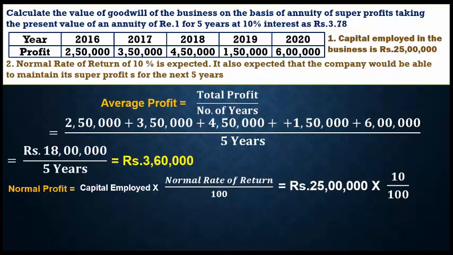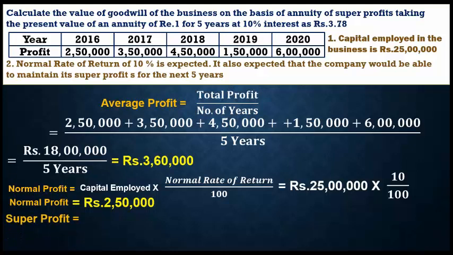The normal rate of return is also given in the problem, 10%. 10% means 10 divided by 100. So 25 lakh into 10 divided by 100. What is the normal profit? 2,50,000.